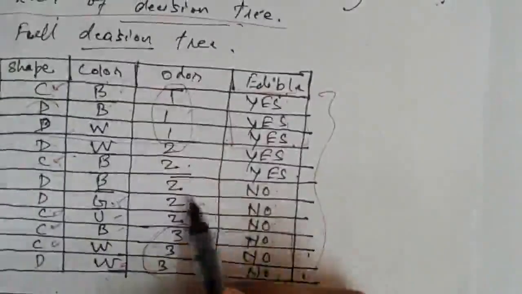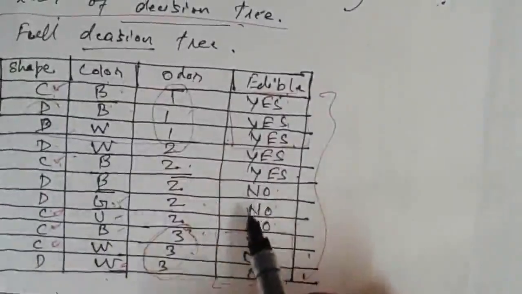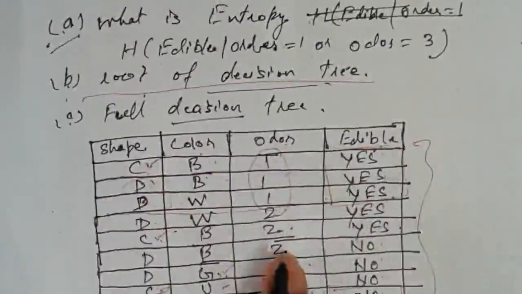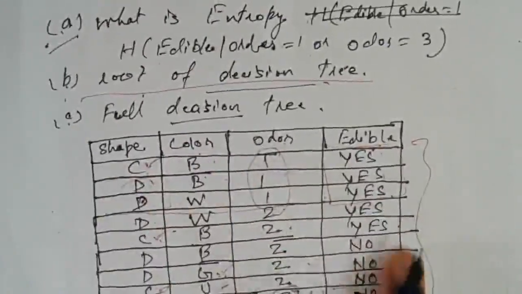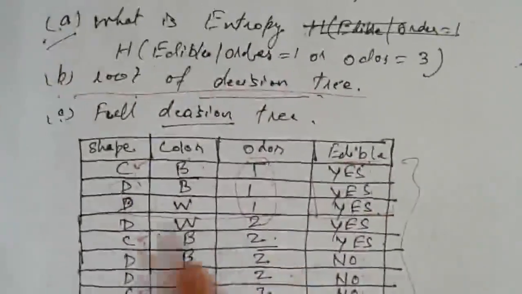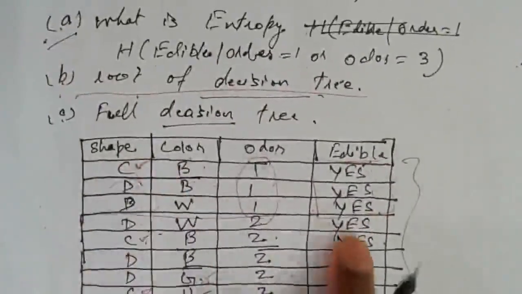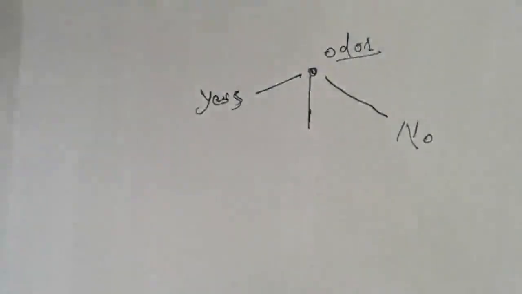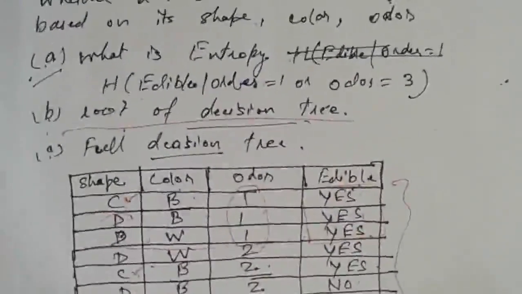Now if order is equal to 2, then we have yes or no. So we have to decide which factor, the shape and color, is able to decide what will be the yes or no. Now we need shape and color values to discriminate this decision. So our H goal is also reduced.